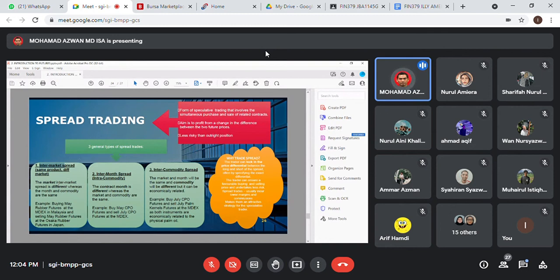For example, we have KLSE futures in Malaysia and Dow Jones futures in the US. You trade in both markets. For example, you buy KLSE futures in KL, Malaysia, and at the same time you sell Dow Jones futures in the US, a different market.